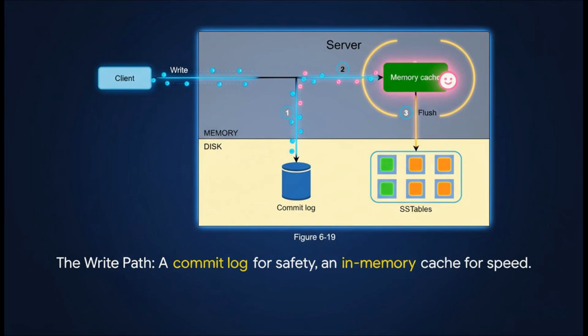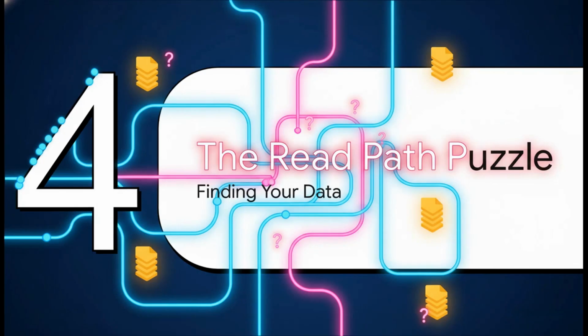First, it hits a commit log on disk. That's for safety, so if the power goes out, we don't lose anything. But it also goes into that super fast memory cache, our memtable. When the cache fills up, boom, it gets flushed to disk as a brand new SSTable. You get speed from memory and safety from the disk. Best of both worlds.